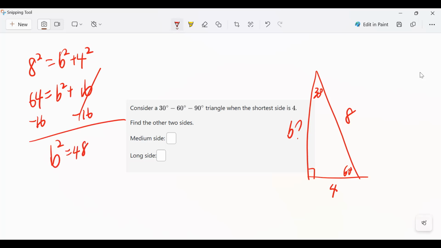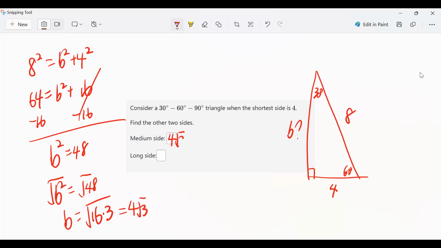Now taking the square root from both sides, b equals the square root of 48, 16 times 3. So it's 4 radical 3. Median side is 4 radical 3. The long side is 8 units. Any question?